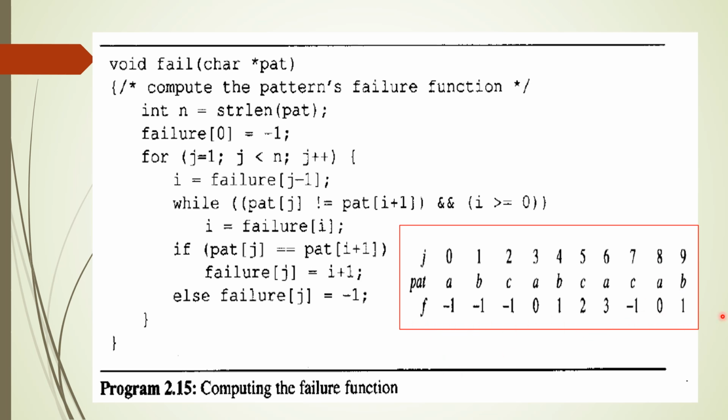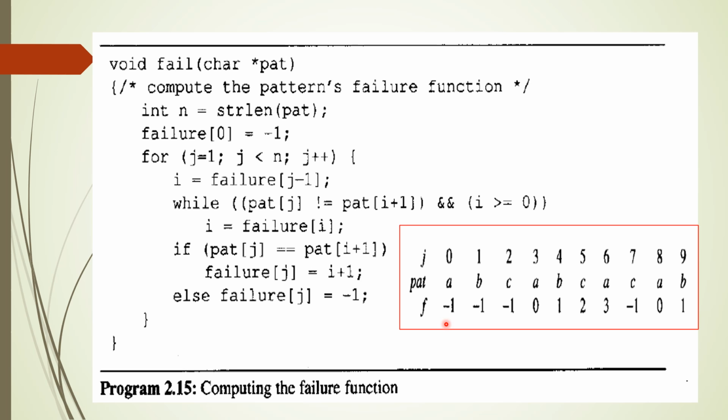You make use of this failure function to search whether a pattern is present in the text or not. With respect to the KMP string matching algorithm, shifting of the pattern purely depends on the value you have computed in the failure function. The failure function helps you shift the pattern, telling you how many positions to shift if a mismatch occurs.